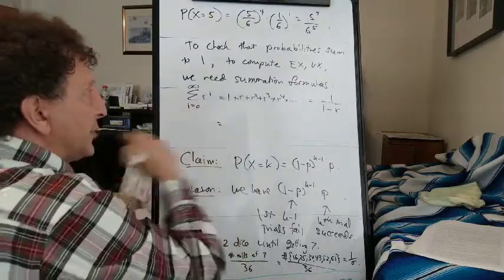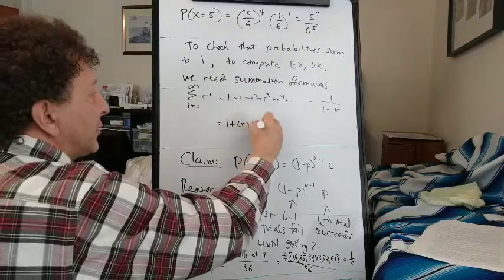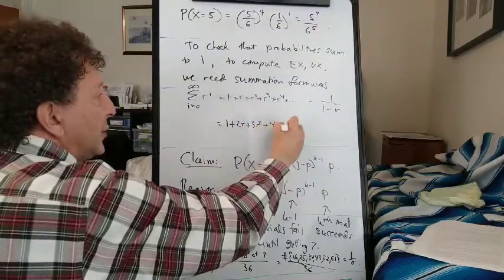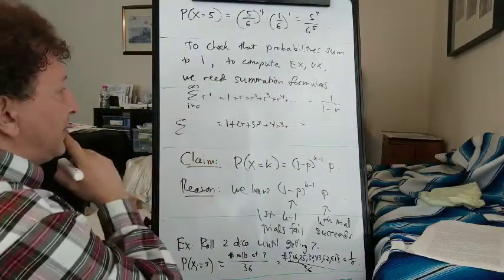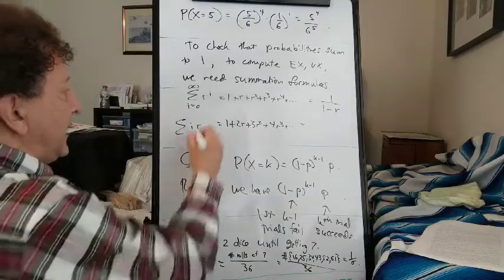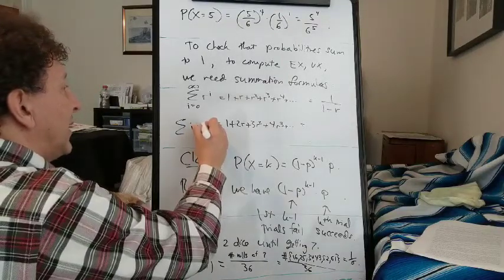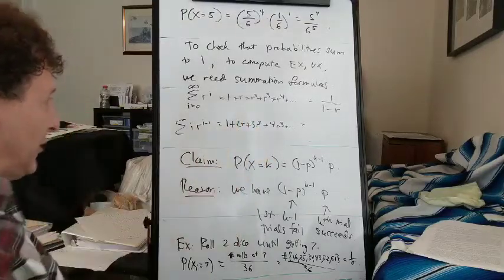And another series we'll need the sum of is 1 plus 2r plus 3r squared plus 4r cubed, etc. So this is the sum of i times r to the i minus 1. So the exponent is 1 less than the coefficient.